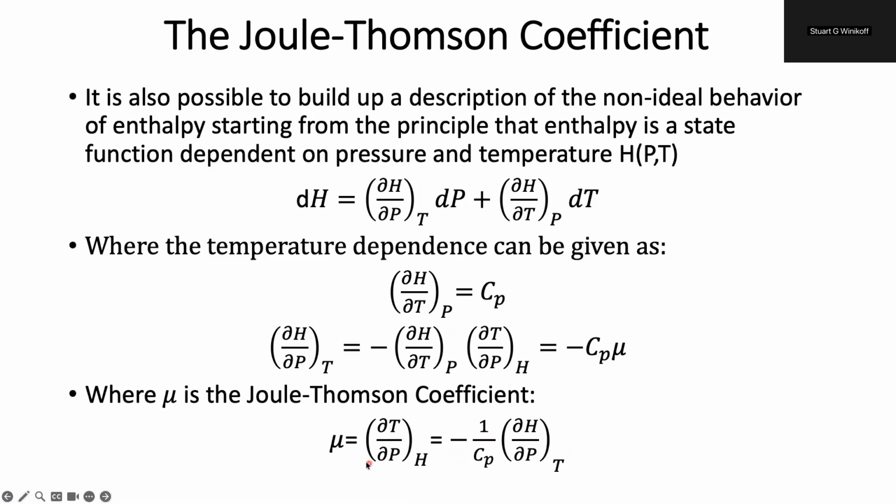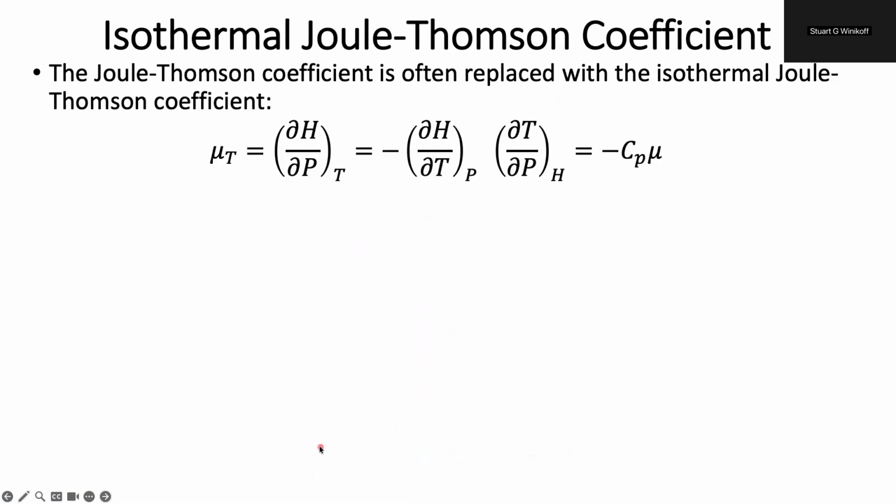Now, it is worth noting that we're often going to be talking about the Joule-Thomson coefficient, but you will occasionally encounter something called the isothermal Joule-Thomson coefficient, which you can tell the difference because it's just going to be that mu with a T subscript, meaning the temperature is constant. And that's going to reference that actual derivative we're really interested in, the change in enthalpy with pressure.